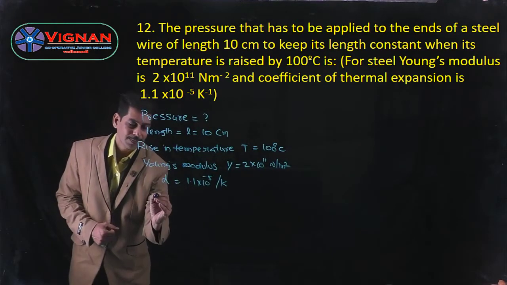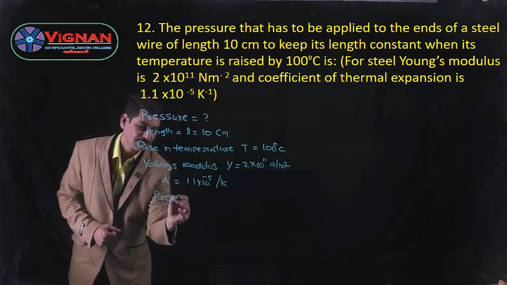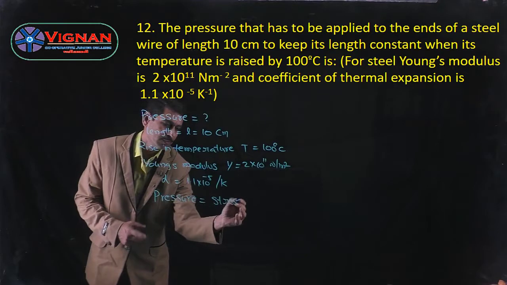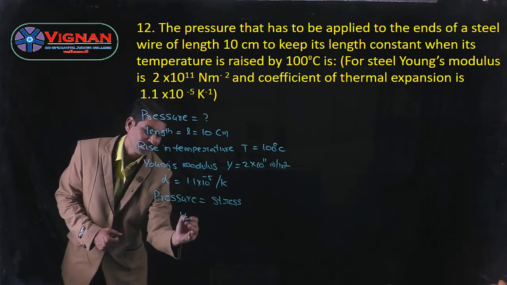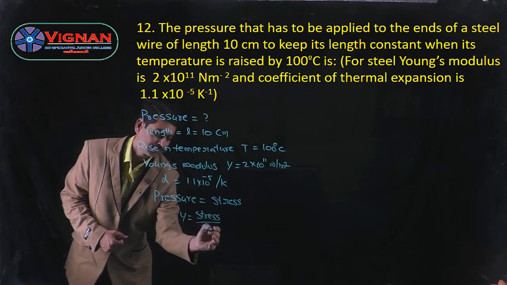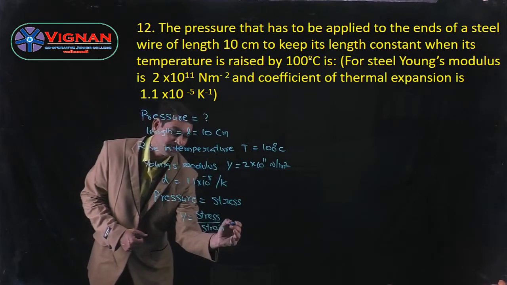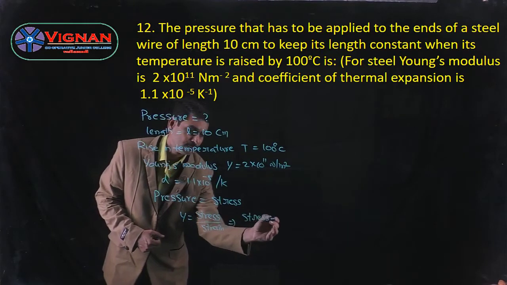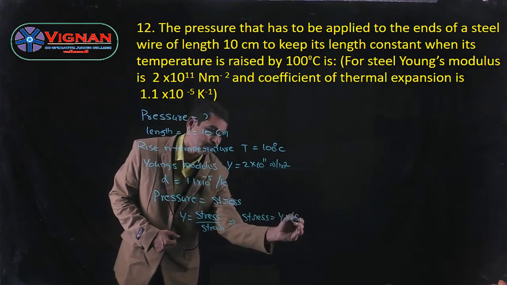So we know the pressure is nothing but stress. Both have the same units as well as the same dimension formula. So you have to find the stress, and we know the Young's modulus is given as stress by strain. So from this, the stress becomes equal to Y into strain.